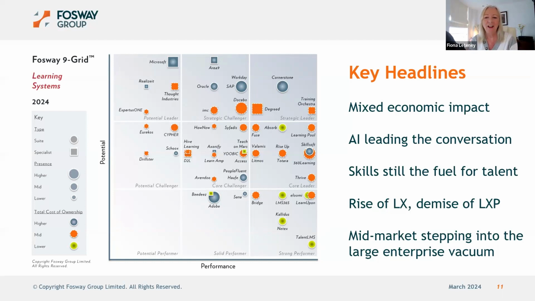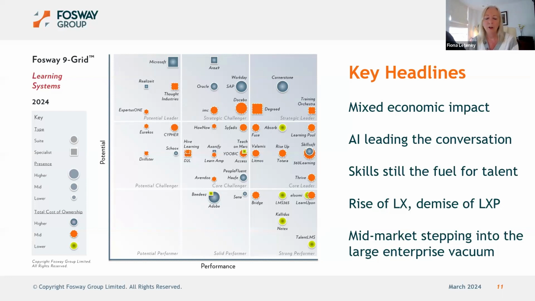AI, so big headline and massive conversations going on about AI. In the past, we've always said that experience was the topic of conversation, or skills, but now AI has been eclipsing that. And within the systems perspective, those vendors that thought maybe last year they could wait a while before introducing AI into their systems now either have, or it's definitely on the roadmap.